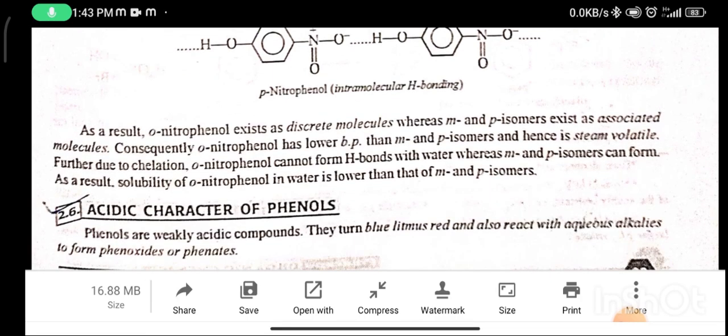As a result, ortho-nitrophenol exists as discrete molecules while meta and para isomers exist as associated molecules. Consequently, ortho-nitrophenol has a lower boiling point than meta and para isomers and hence is steam volatile.